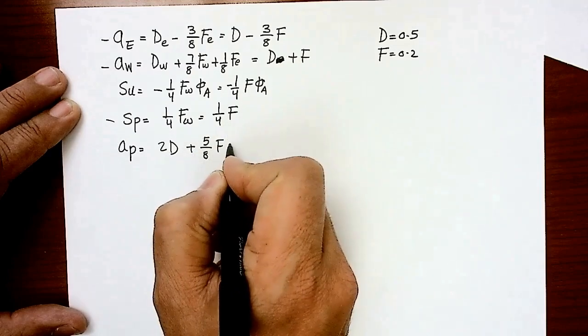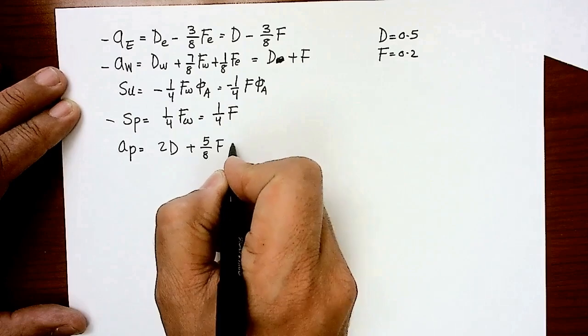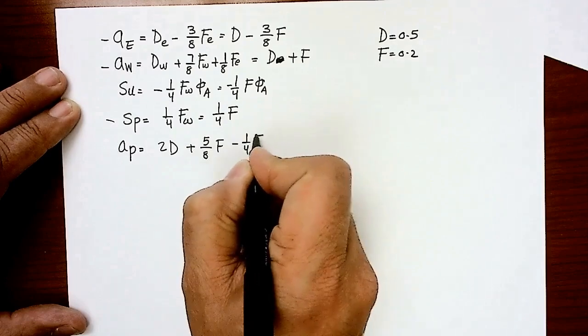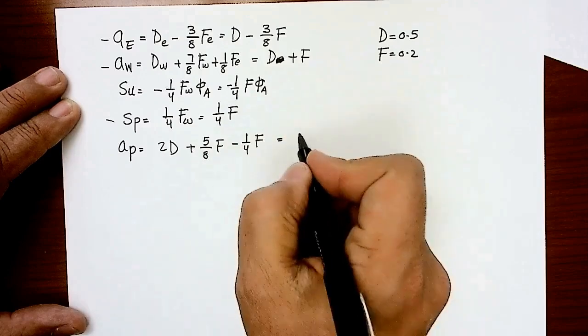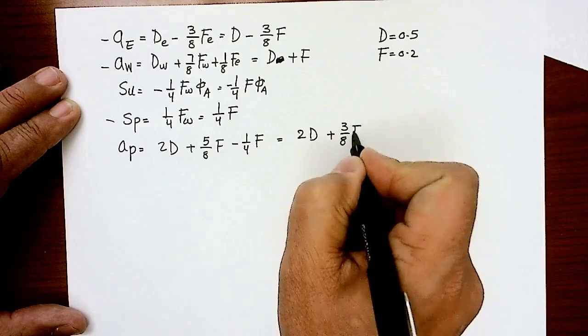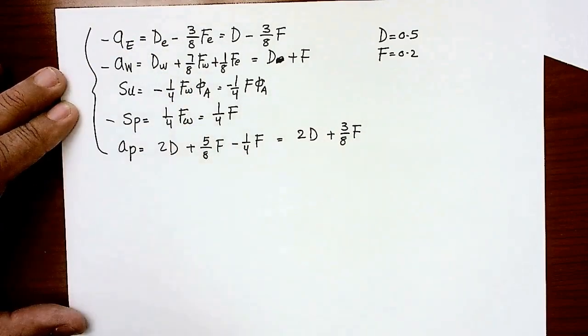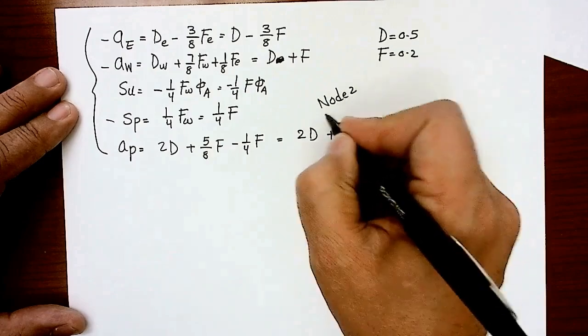Then I have another minus 1 over 4 f. So this is going to be 2 over 8, so it's going to be 3/8. 2d plus 3/8 f. And these are the coefficients for node 2.